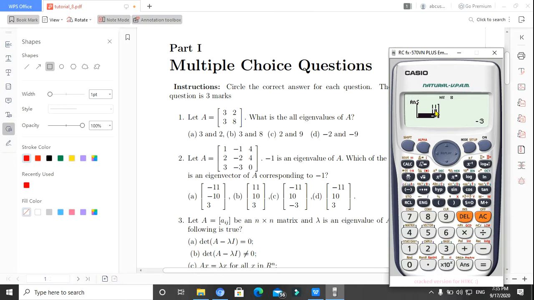But in this case, the result after dividing by -1 is exactly same as the first option. So the first option is the correct answer for this question number 2.